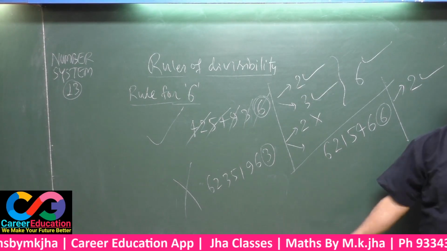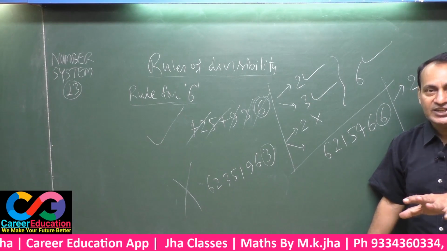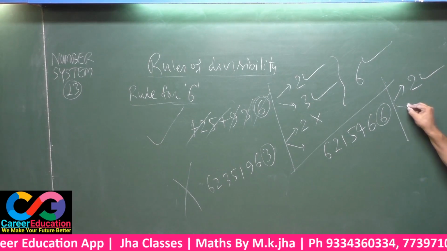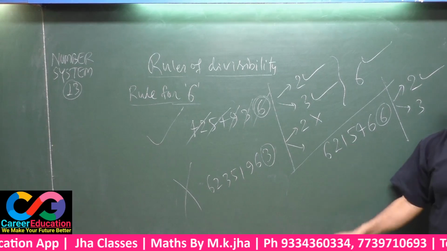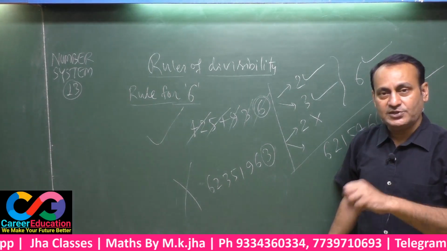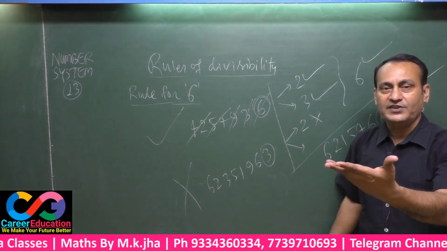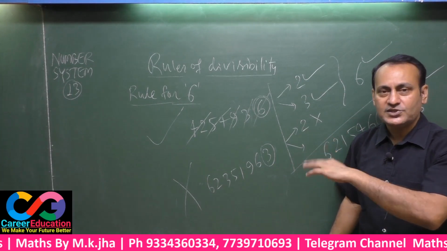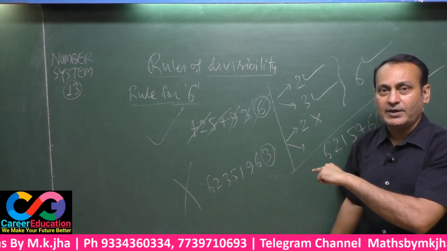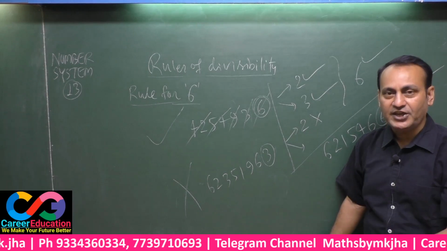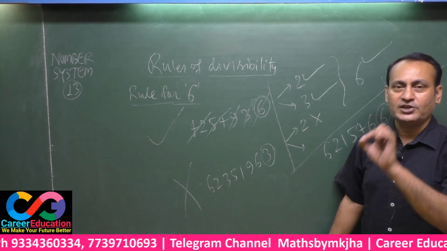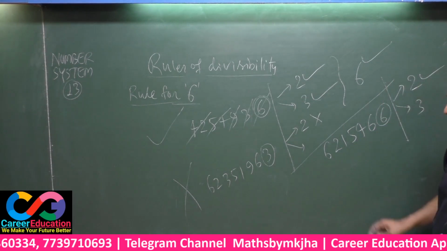This number is divisible by 2 definitely. Now you have to judge whether this number is divisible by 3 or not. If this is divisible by 3, certainly the answer will be yes, this number is divisible by 6. If this is not divided by 3, certainly you will have to say this number is not divisible by 6.